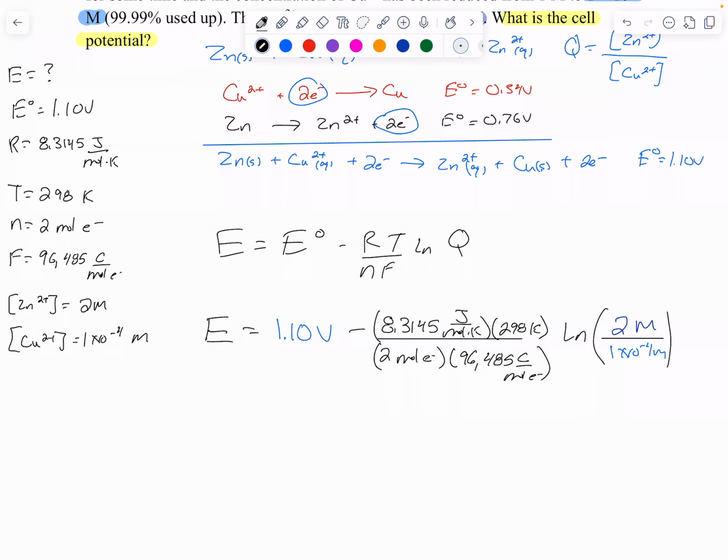If we do this, I get 0.97 volts, which is pretty neat.